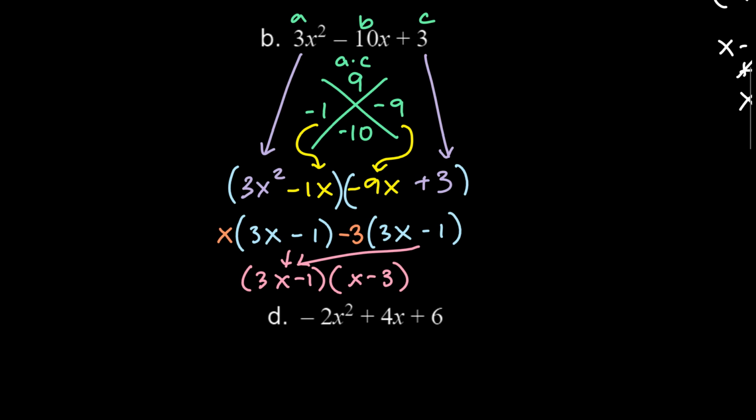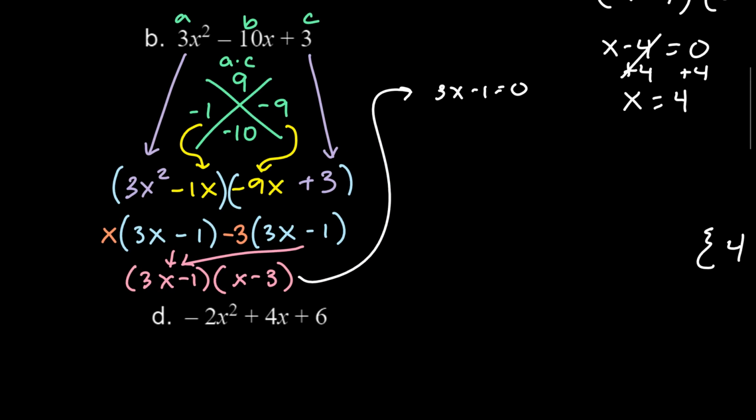Now what do you do to this to then find the solution? You just set each one equal to 0. So 3x minus 1 equals 0. And what do we do to get x by itself? Add 1 to both sides and divide by 3. Now, do you need to show me this on your paper, this simplistic math solving for a linear equation? Not really.